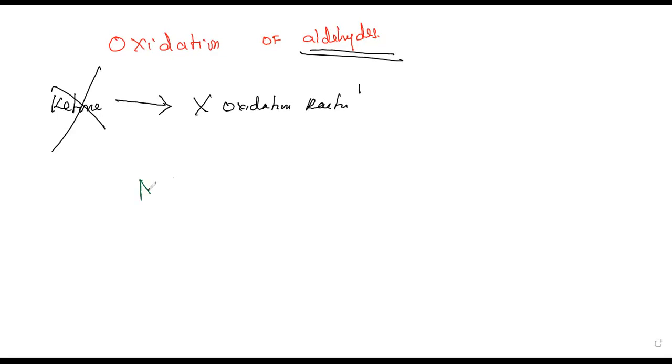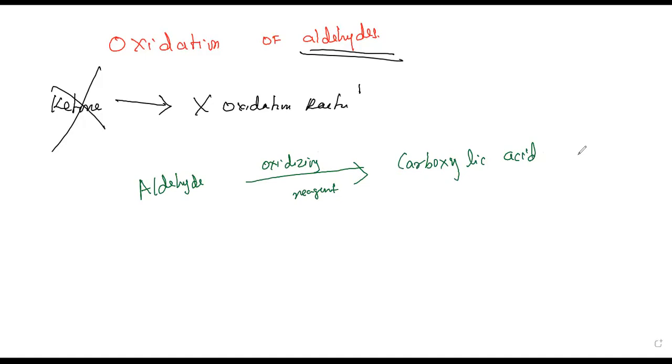Okay, so the aldehyde, when you use the oxidizing reagent, will end up with carboxylic acid. So what should be the oxidizing reagent? Acidic medium, that word should not be forgotten by you all. Potassium permanganate, H plus, potassium dichromate.